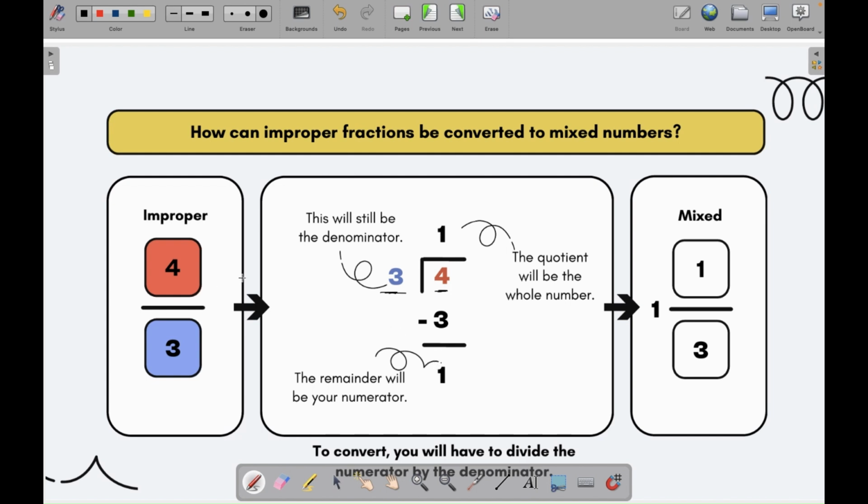The quotient we write here as the whole part. Then the remainder comes here, and the denominator remains as it is. So what we did, we first divided 4 by 3. We got 1 as the quotient and 1 as the remainder. So the quotient we write here, the remainder here, and the denominator here.